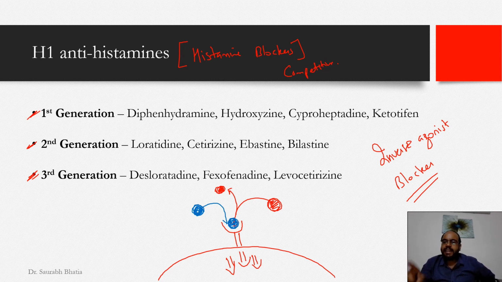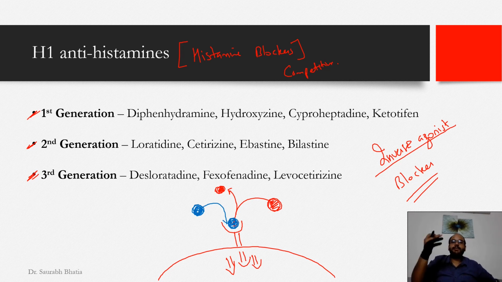Inverse agonist is attaching itself to the receptor and allowing it to function, but the function is opposite to the initial molecule. That means when histamine attaches itself, it will lead to some function. When antihistamine attaches itself to the same receptor, the function will be opposite to the function of histamine. Am I clear? Am I making sense? That H1 antihistamine are inverse agonist of histamine. Inverse agonist meaning that they will attach to the same receptor, but the function would be opposite to that of histamine. Clear?